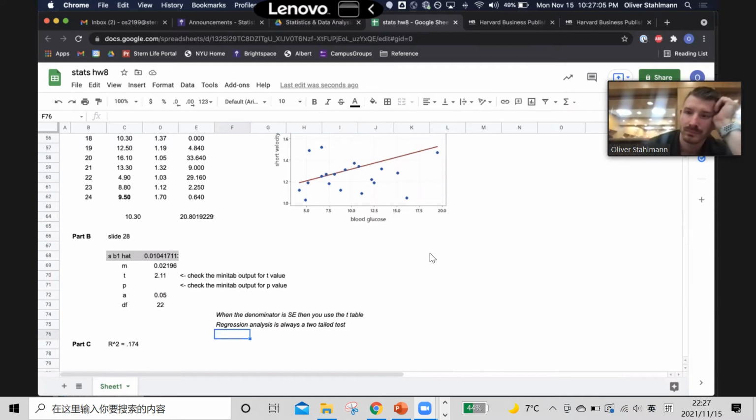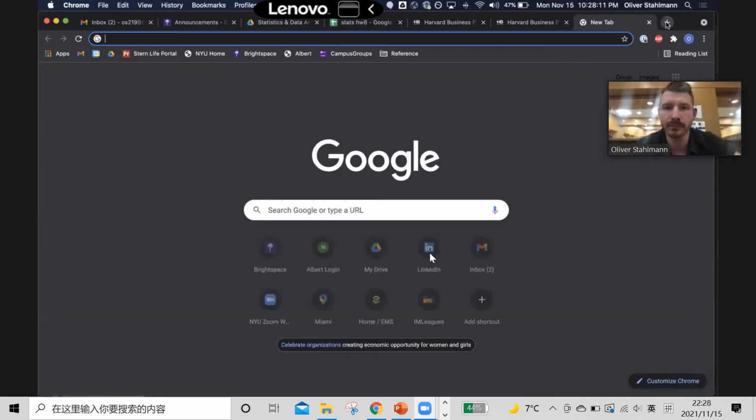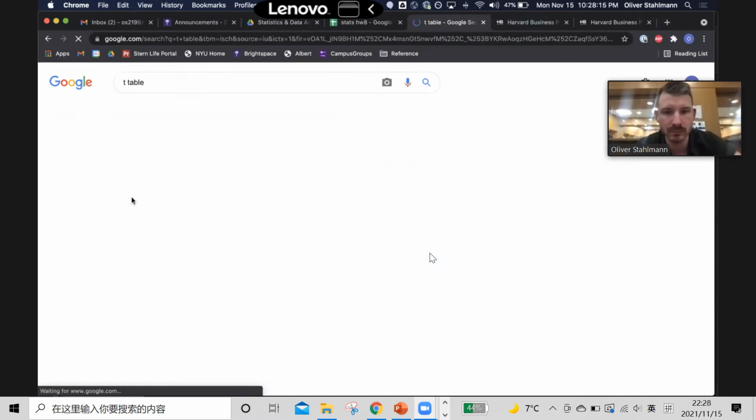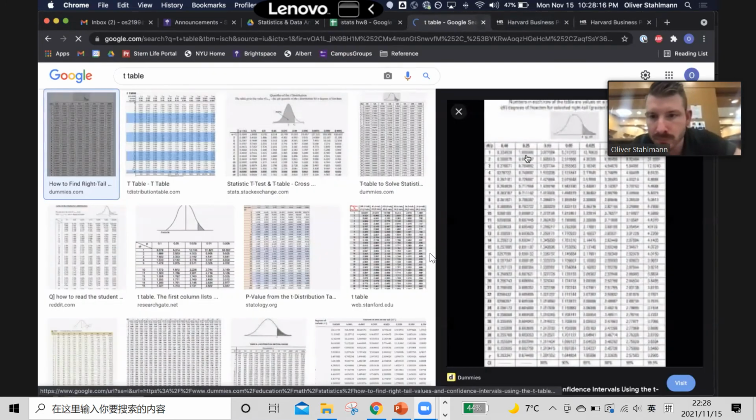In the vertical line, you find the degrees of freedom equals 22. In the horizontal line, you find the probability 2.5%, and you can locate a particular number. That's your T critical number. And you compare your calculated T with the critical number. And again, if your calculated T is greater, then you're going to reject the null hypothesis.